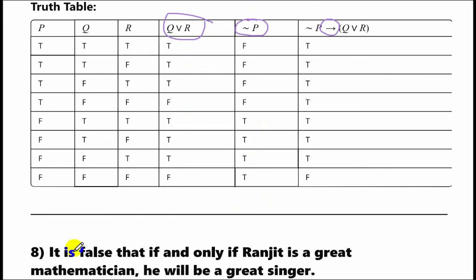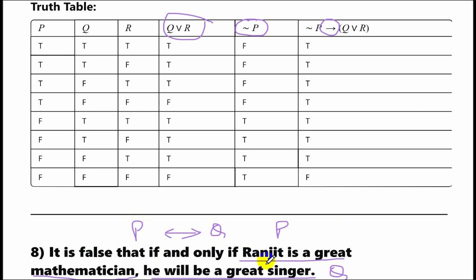Okay. It is false that if and only if. Ranjit, first we write Ranjit is a great mathematician. Ranjit is a great mathematician is P. Ranjit will be a great singer is Q. So P, Q. Now they are saying it is false that if and only if Ranjit is a great mathematician, then he will be a great singer.